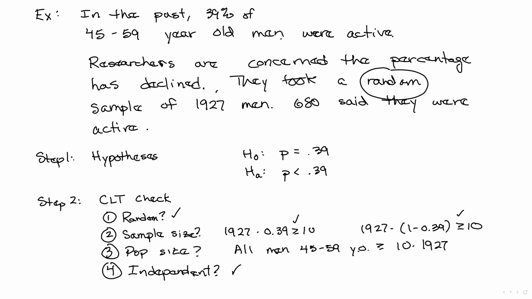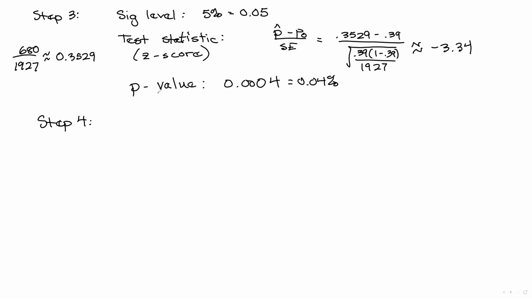And so what does that tell you? If this is true, and it ends up getting you a 0.04% probability event, then it suggests that this was not true, that p is not 0.39. It suggests that the alternative hypothesis is correct. All right, so step 4, since the p-value is less than the significance level, we reject the null hypothesis.